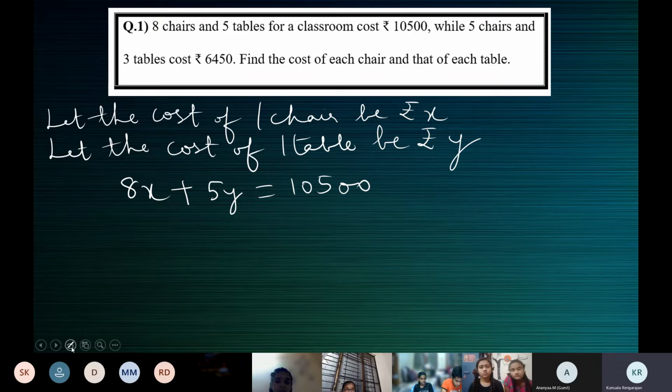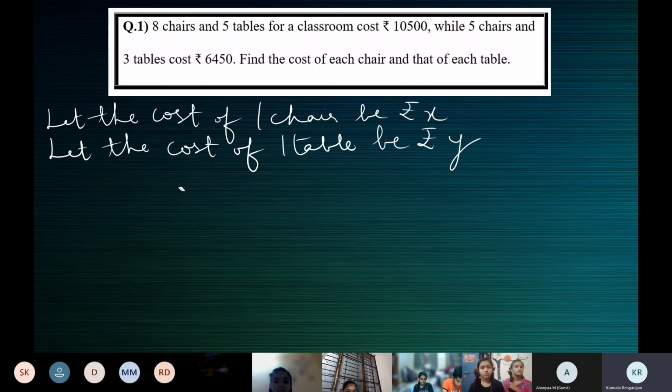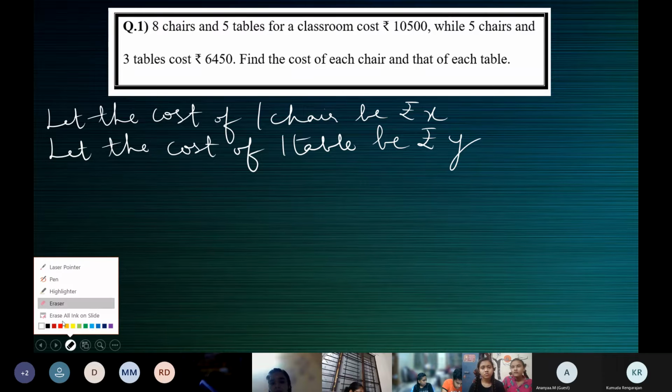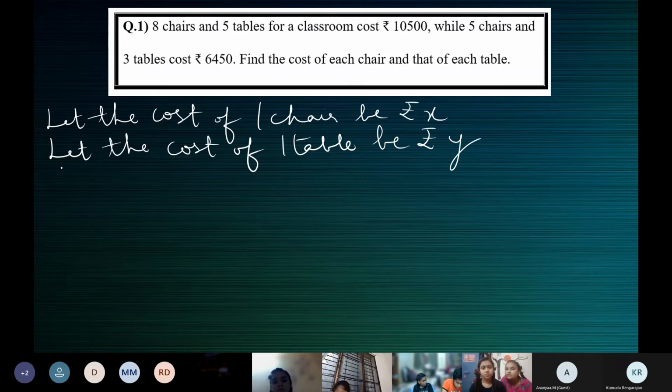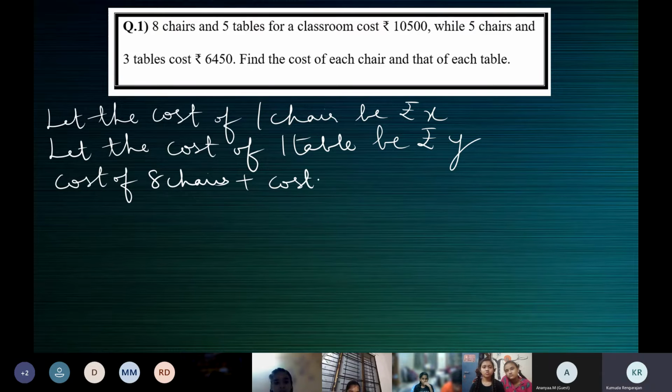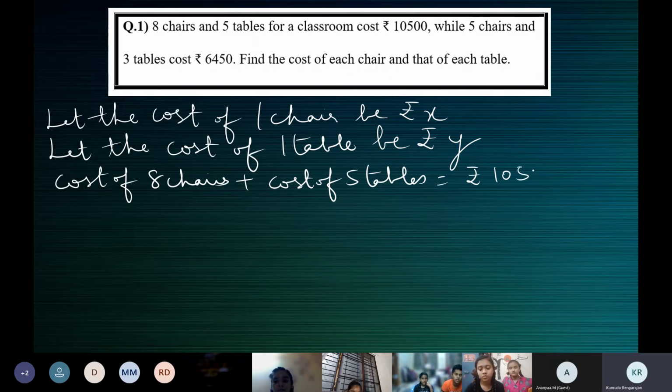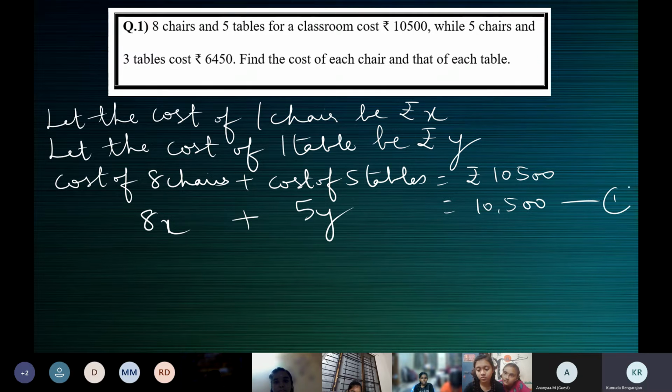So if you have to express that in words, see here. Cost of 8 chairs plus cost of 5 tables is equal to rupees 10,500. So 8x plus 5y is equal to 10,500 is the first equation.